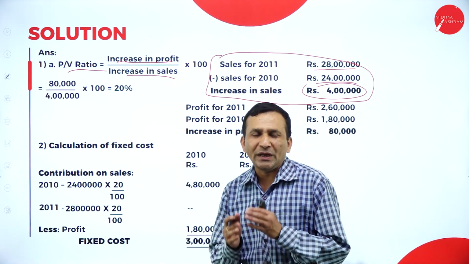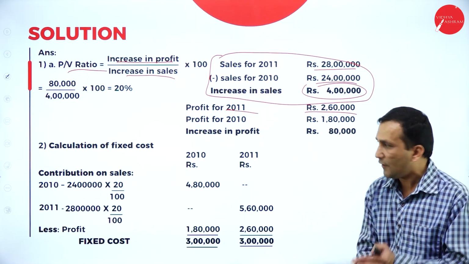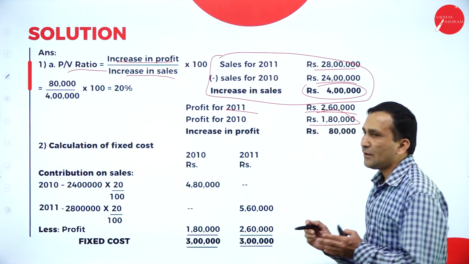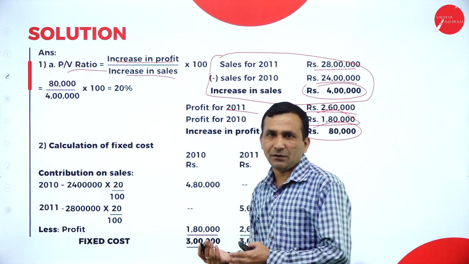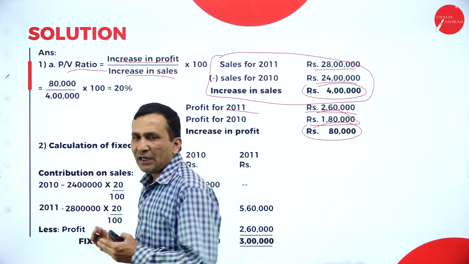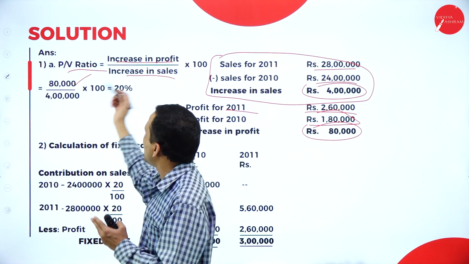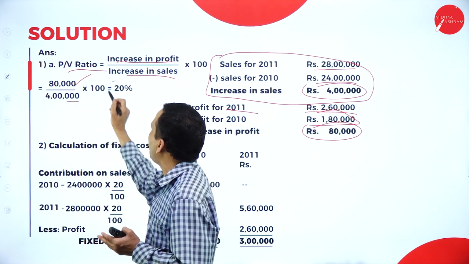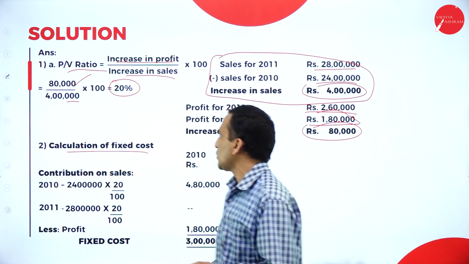Now moving to find the increase in profit. How? 2011 profit 2,60,000 minus 1,80,000. If you subtract, the difference is 80,000, which is the increase in profit. Easily we can apply the formula after getting these. In the numerator, increase in profit 80,000, in the denominator increase in sales 4 lakhs, into 100. If you do that, we get 20%.